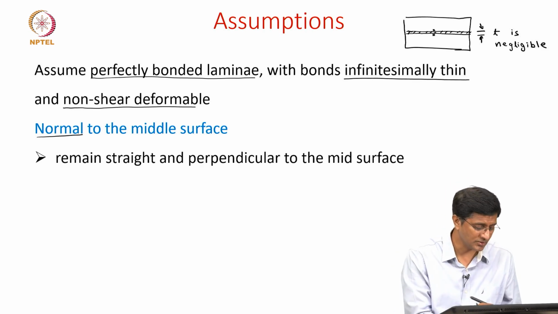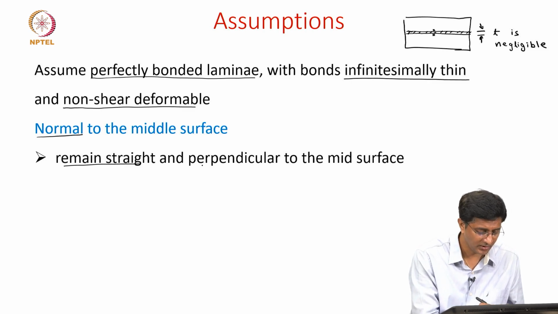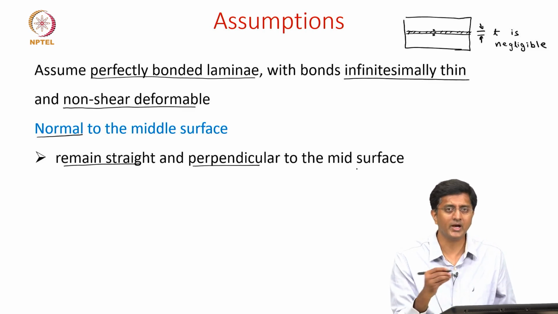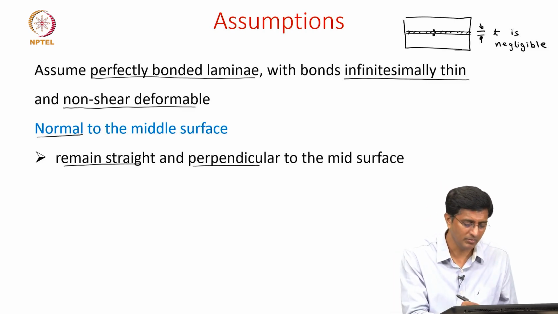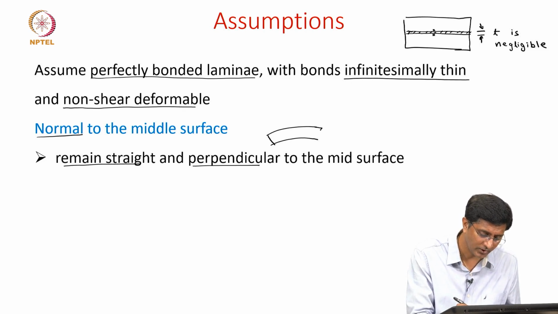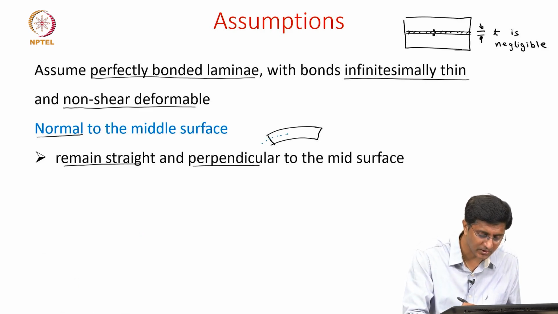So the first assumption is, we said these normals will remain straight and perpendicular to the mid surface, both before and after deformation. Meaning, let's say this is the deformed shape, and now we are drawing these normals. Let's say this is the mid surface.